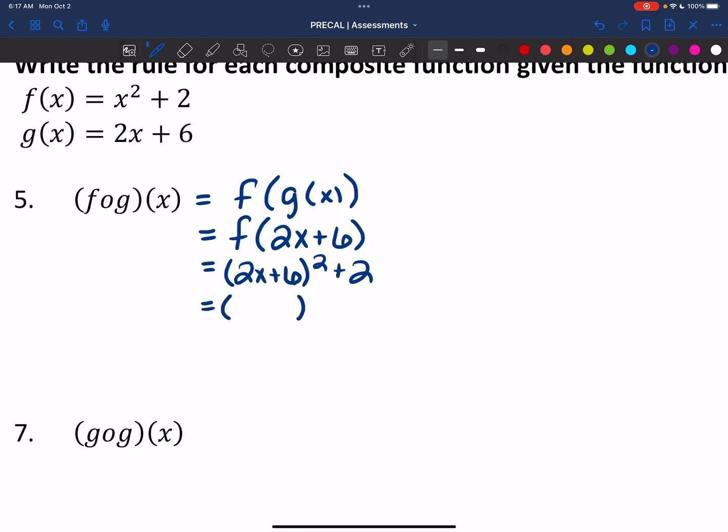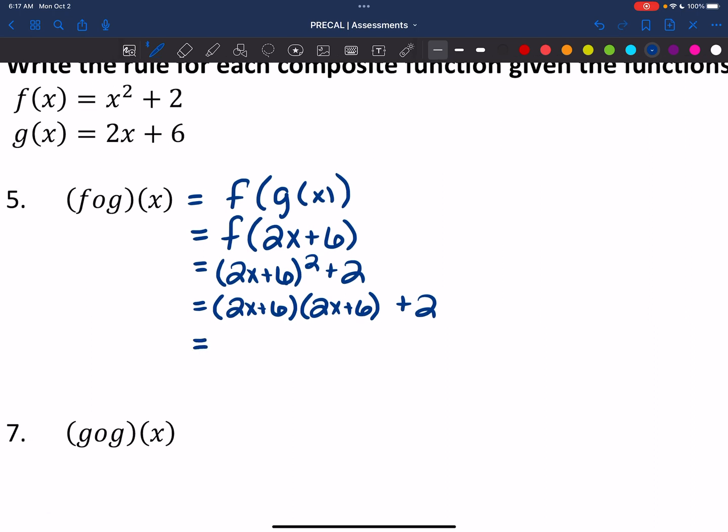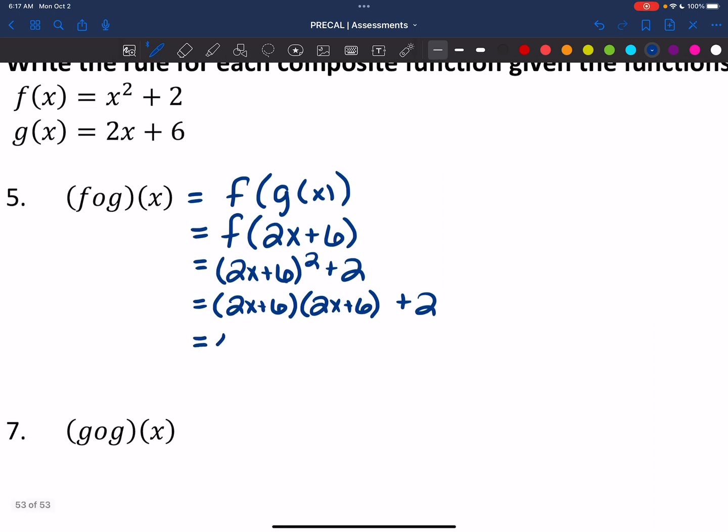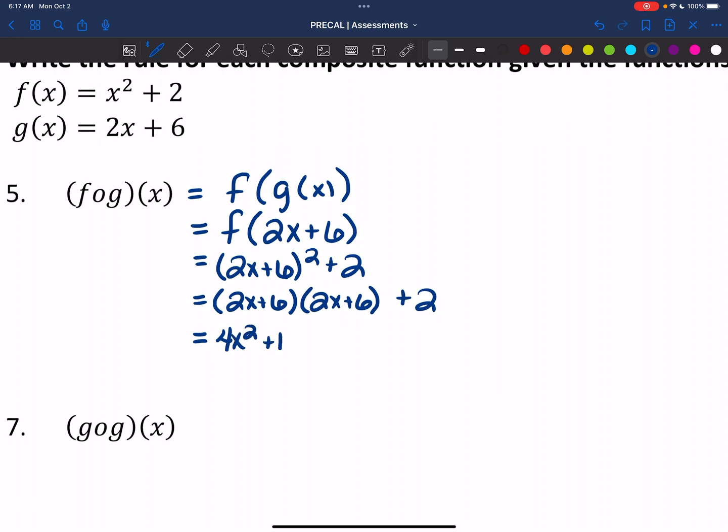All right, we've got a binomial squared. So we're going to take 2x plus 6 and multiply it with 2x plus 6. We will distribute, double distribute. So this is 4x squared, and then plus 12x plus 12x plus 36.